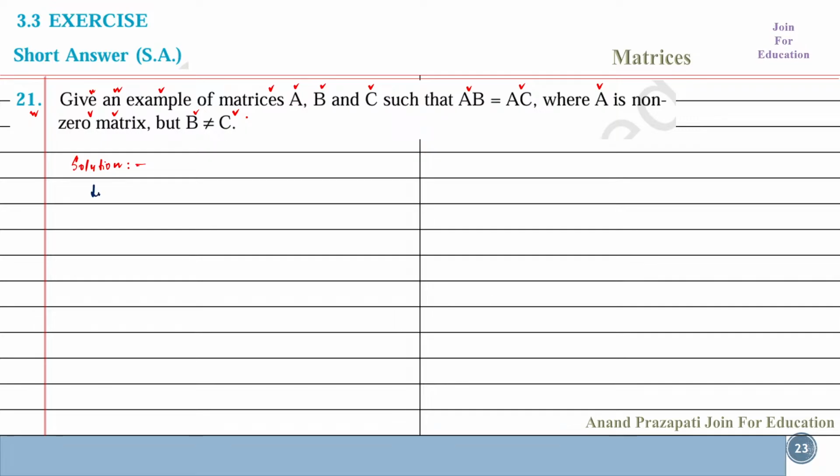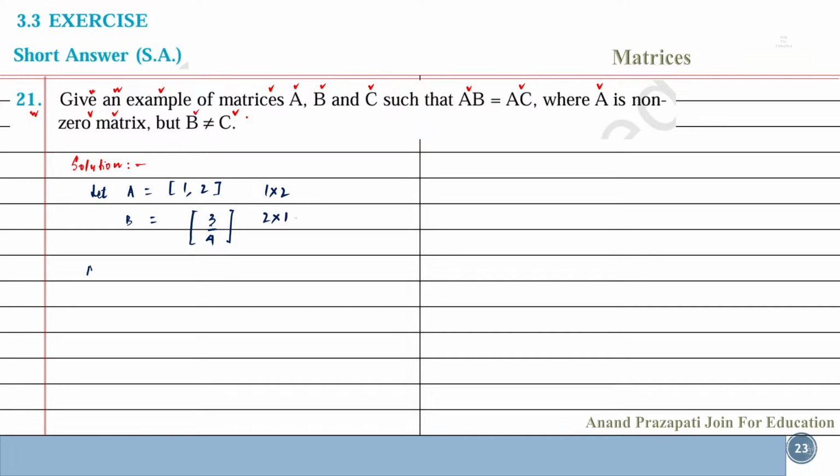Let matrix A is 1 2. Order of matrix A is 1 by 2. And suppose matrix B is 3 4. Then we find out product of matrix A and B, and order of 3 4 is 2 by 1.